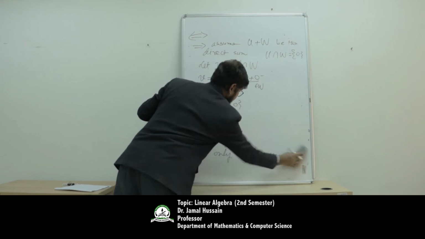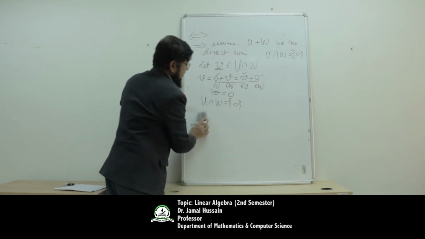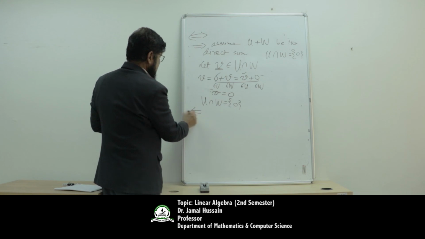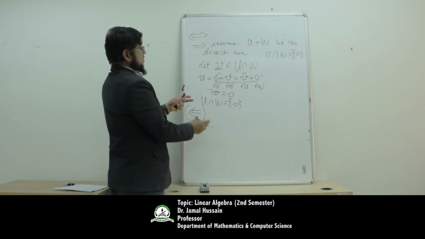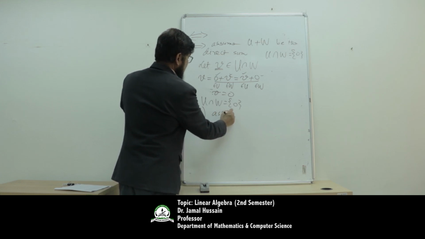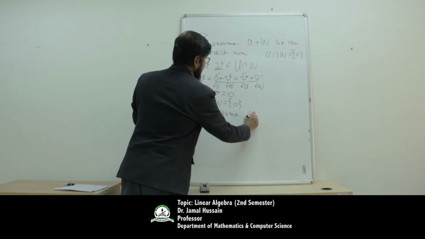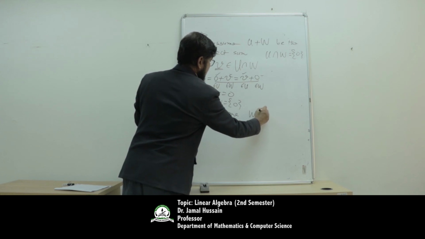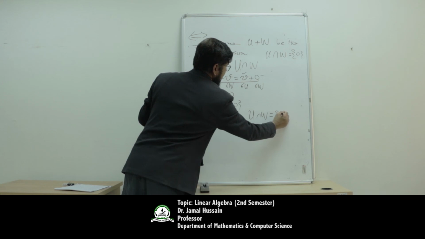Okay. Then finally, we have to prove the other way, that means the converse part. So here we'll assume, what we'll assume? The other way, assume that U intersection W is 0.